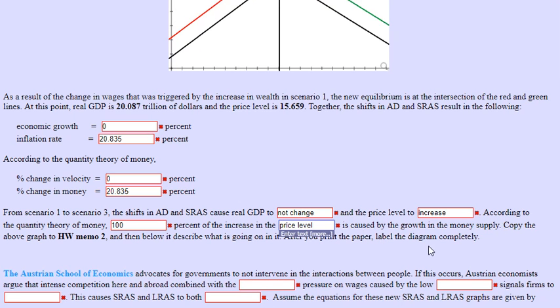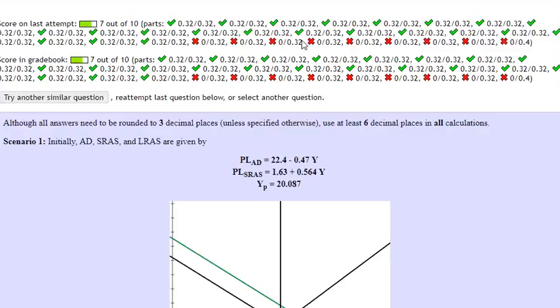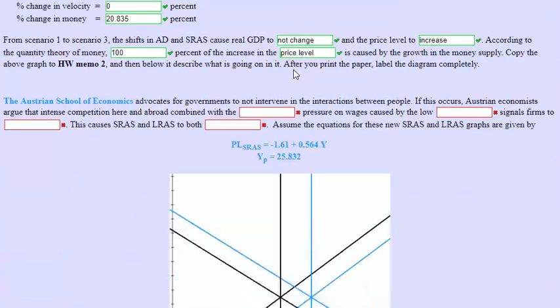Okay, and you'll want to copy the above graphs into your homework 2 memo. Let's go ahead and check this and see what we get. So we got everything correct at this point.